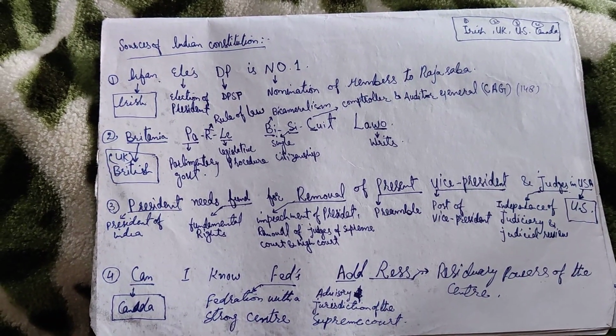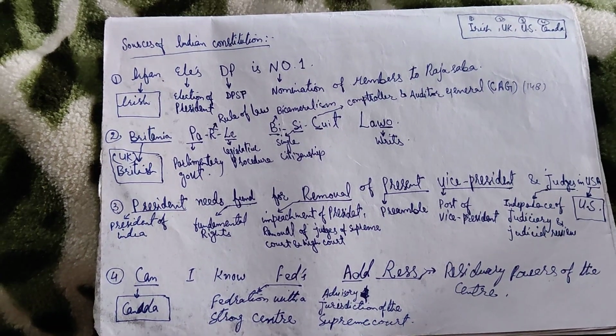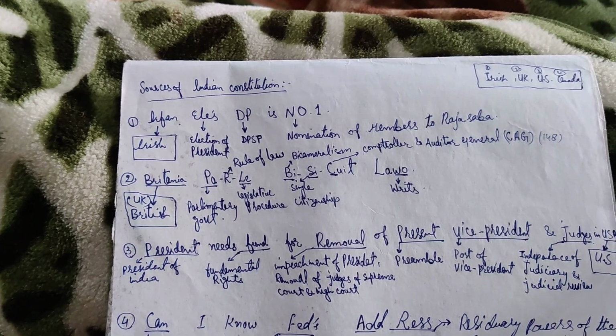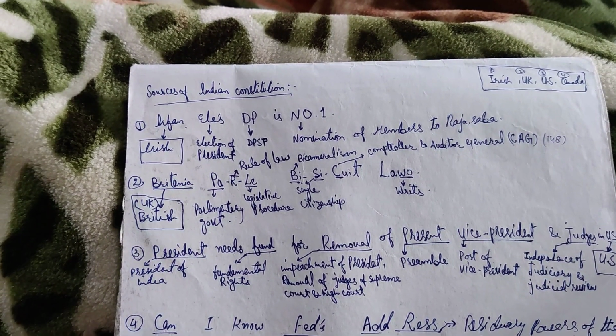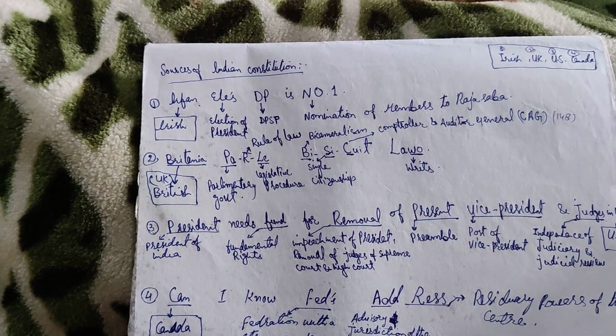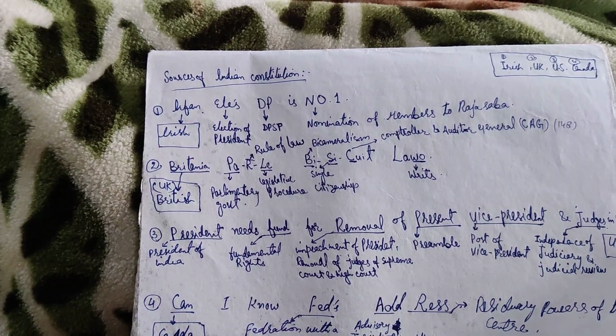And a simple trick for this is Irfan Ali's DP is number 1. Here Irfan stands for Irish, Ali stands for election of president, DP stands for DPSP, and number 1 stands for nomination of members to Rajya Sabha.